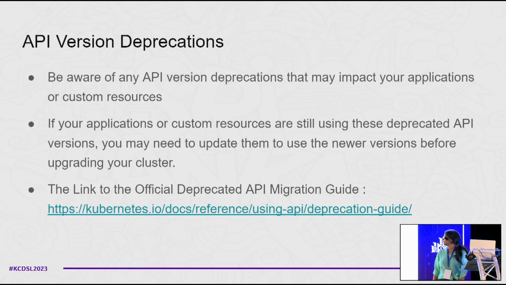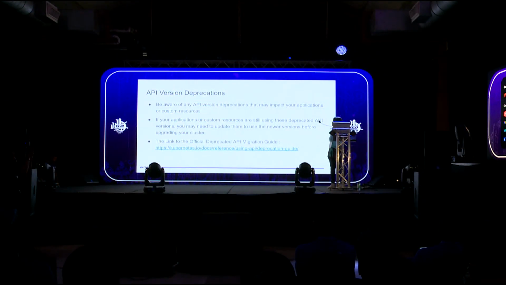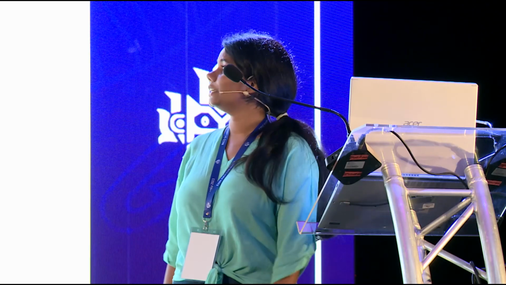So let's start with API version deprecations. As the Kubernetes API evolves, APIs are periodically reorganized or upgraded. And when APIs evolve, the old API is deprecated and eventually removed. So when upgrading a Kubernetes cluster, it is important to be aware of any API version deprecations that may impact your workloads, applications, or custom resources.